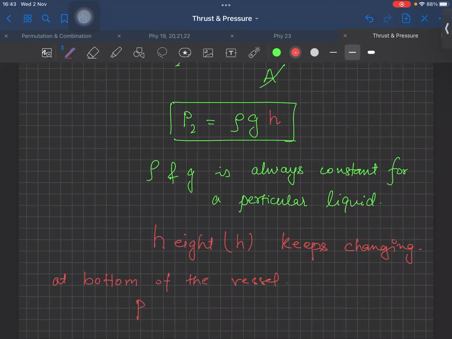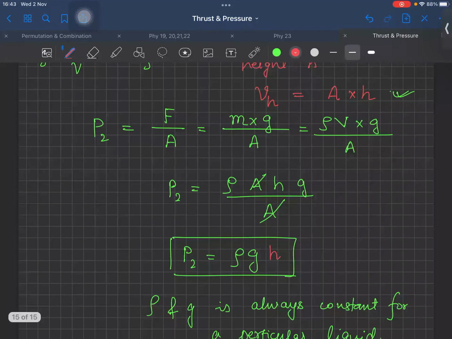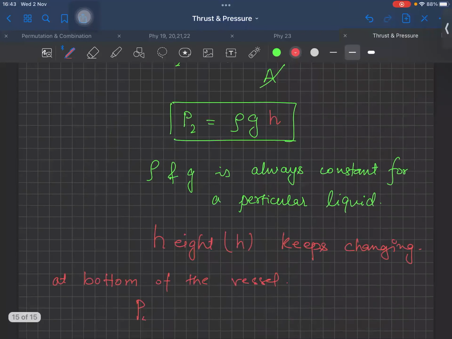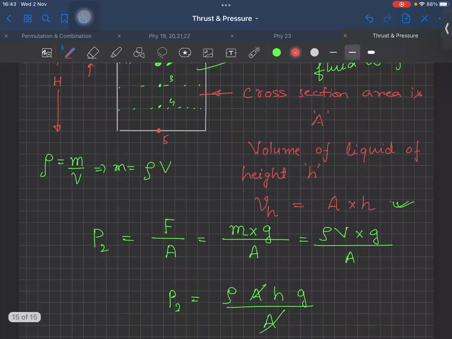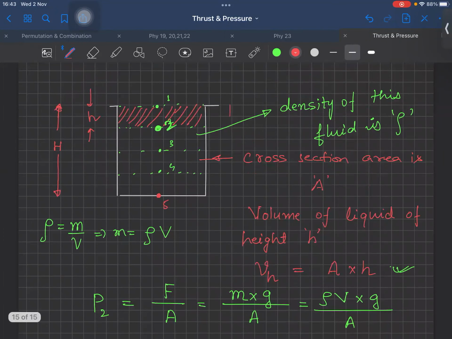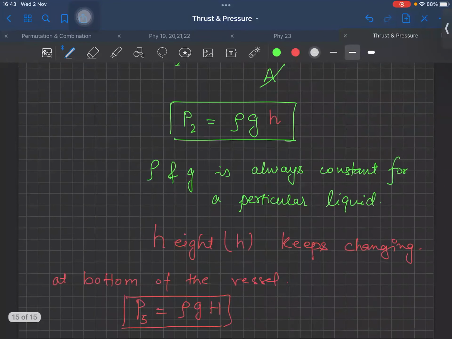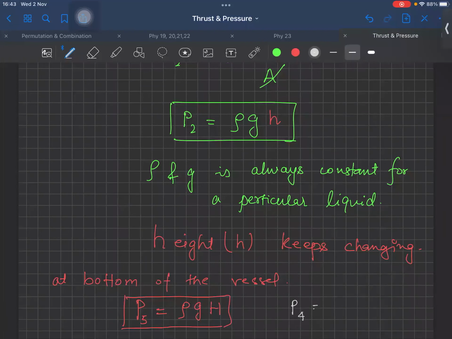Let's say this is point 5. So P5 will be how much? At this point, pressure will be rho G into capital H. Okay. Understood? Let's say this height is H4, this is point 4. So what will be the pressure at height H4? P4 will be equal to how much?